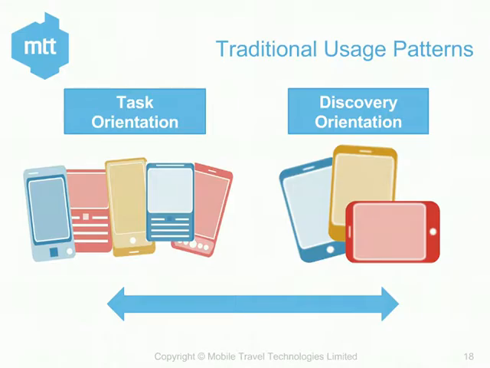You're looking around, you're not necessarily doing something particular, but that's where tablets fitted in. And smartphones were really focused on tasks: you had to book a flight, you wanted to check the status of an incoming flight, you wanted to check what gate you needed to go to, and that's what smartphones were for. Over time we've definitely seen a merge of those usage patterns.